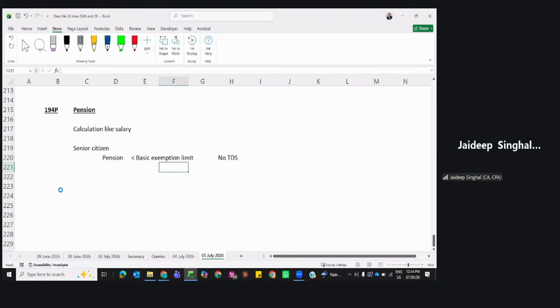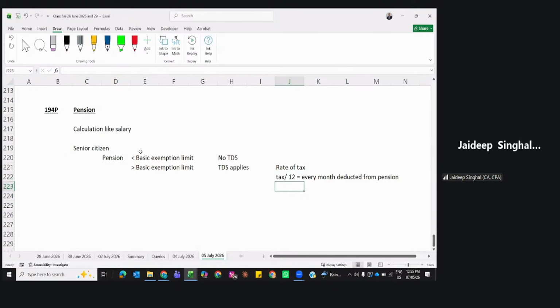If it is greater than the basic exemption limit, then TDS applies. You will calculate the rate of tax like we did in the salary head, and based on that, every month you will deduct the TDS from the pension. Whatever the tax is, divided by 12, is deducted every month from the pension. This is how the TDS applies.